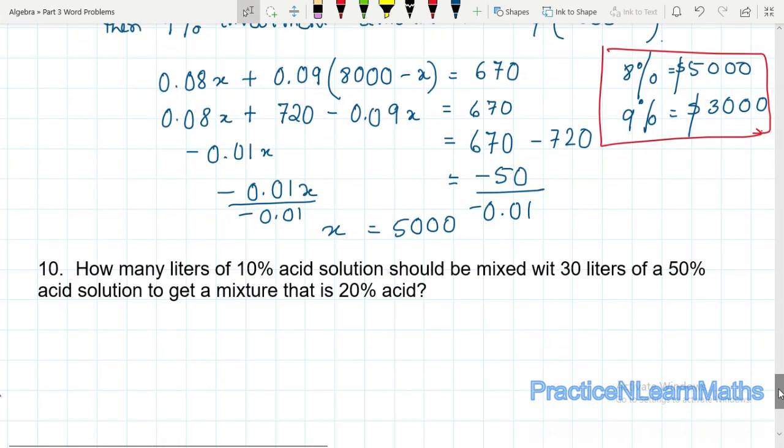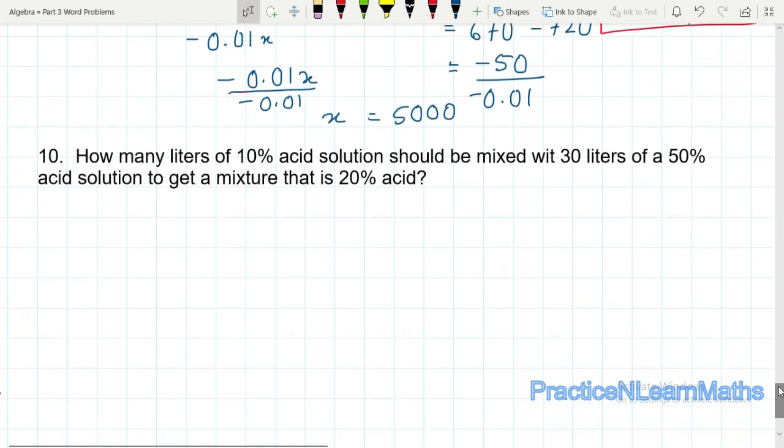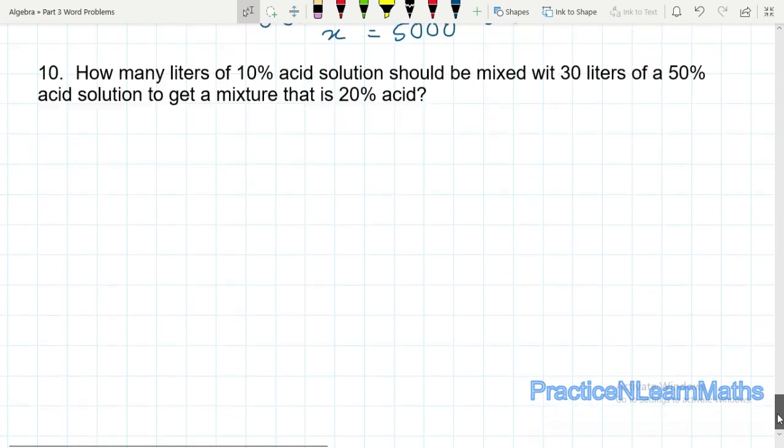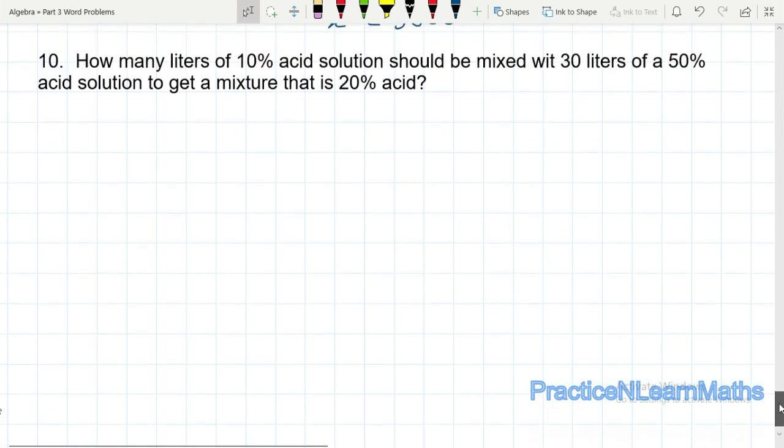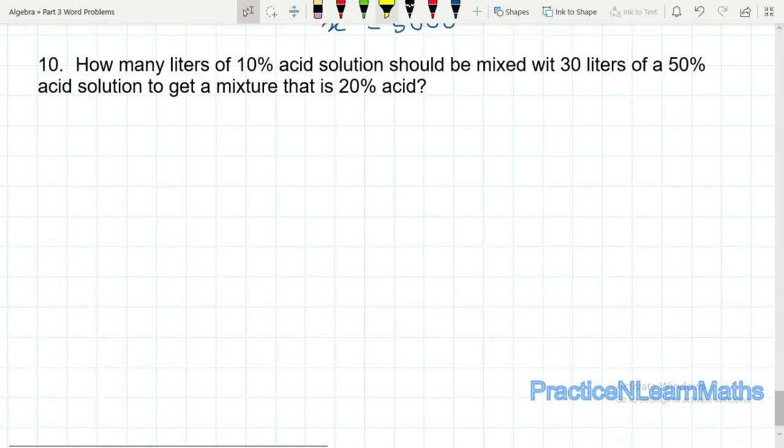Coming to the last question. How many liters of 10% acid solution should be mixed with 30 liters of a 50% acid solution to get a mixture that is 20% acid?